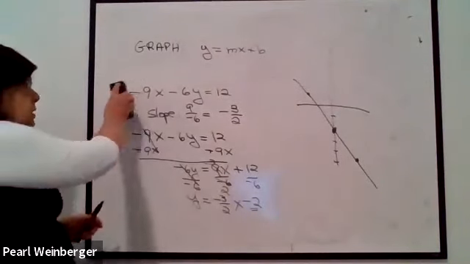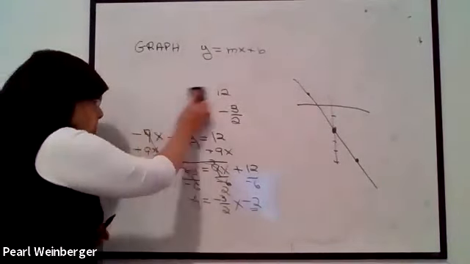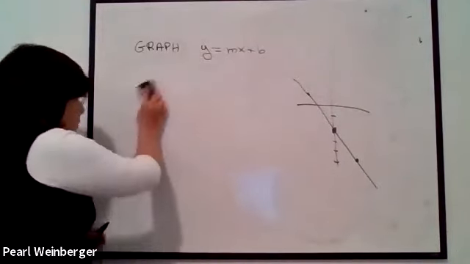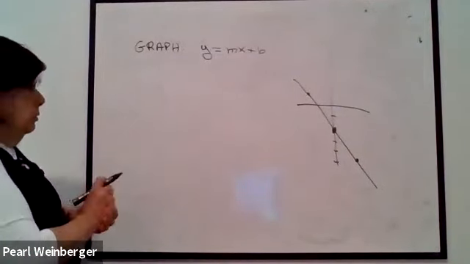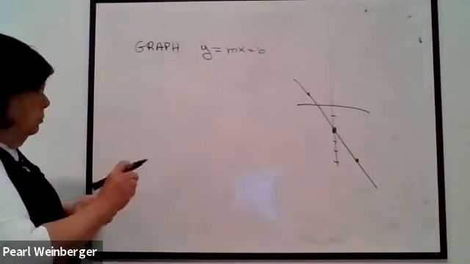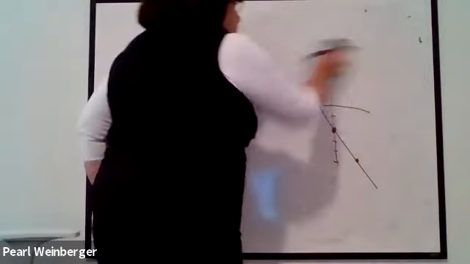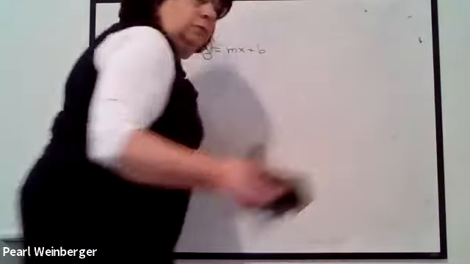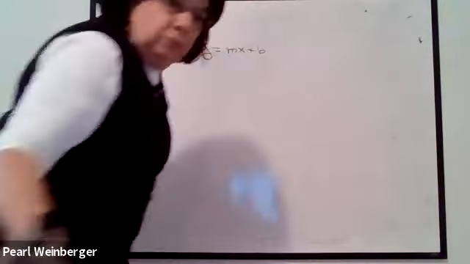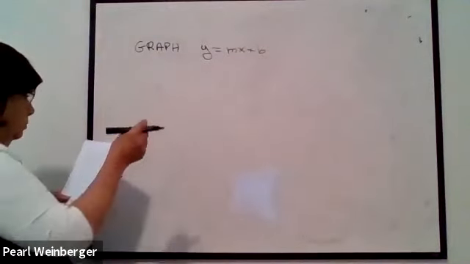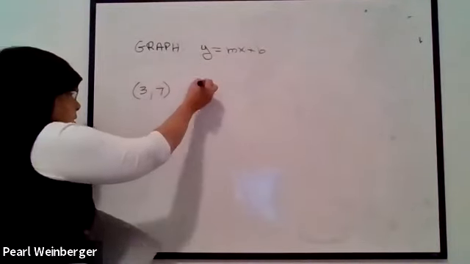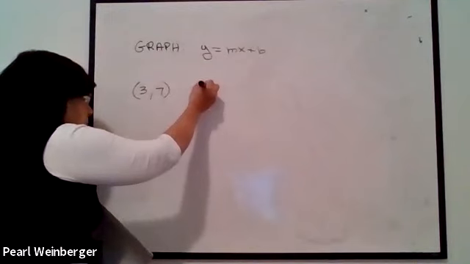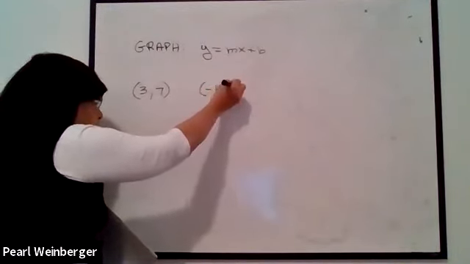Okay, so here's another type of question. Suppose I give you these 2 points: (3, 7) and (-1, -6).